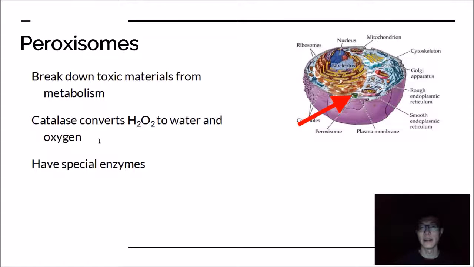And it has the ability to use this enzyme called catalase that converts the hydrogen peroxide, which is kind of toxic, to water and oxygen. And it has its own special enzymes to do its own special things. So peroxisomes are very fascinating and very crucial to the cell, but frankly, you don't usually have to know too much in regards to the details.